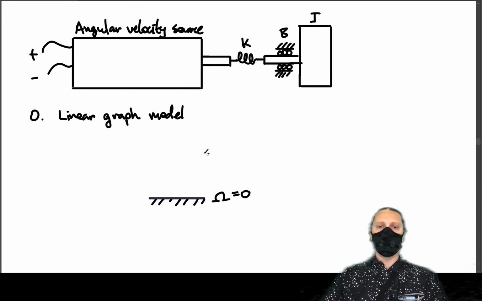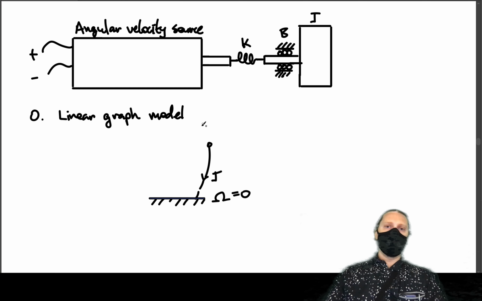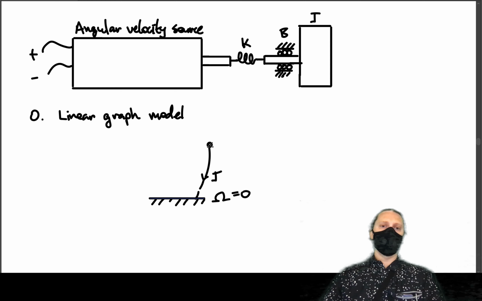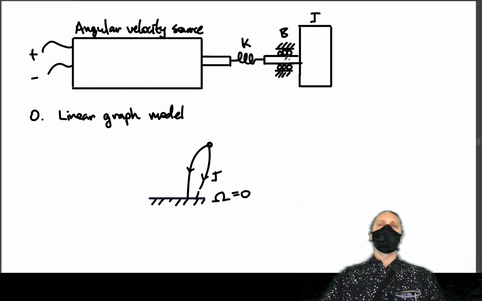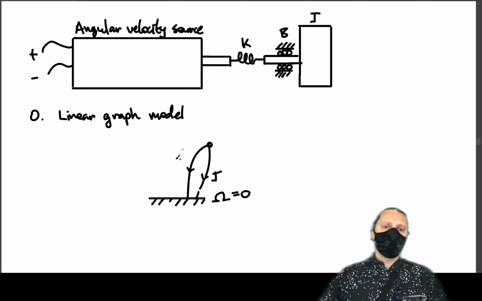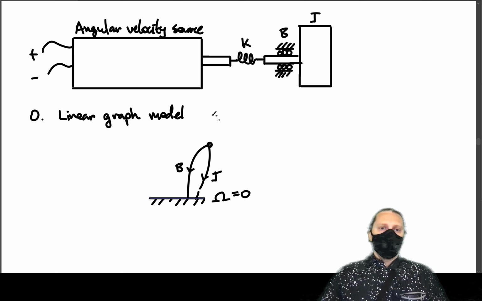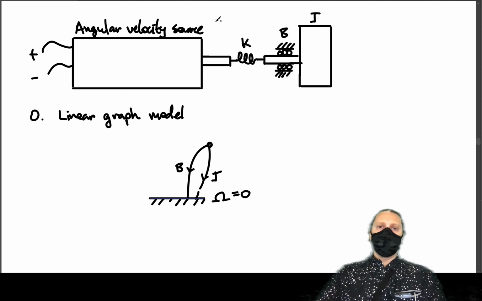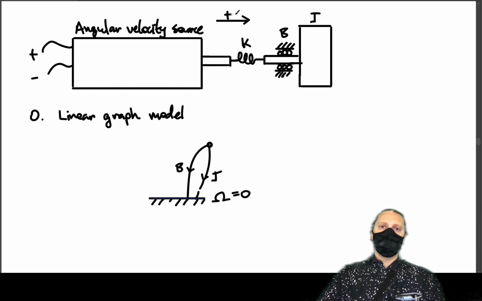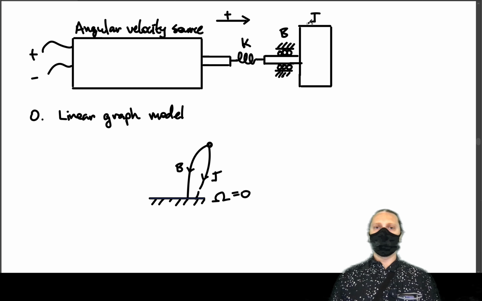We have a J node, an inertia node, J. And that same angular velocity that the J node has is shared by the B node as well, which also connects to ground because it's a bearing damping, so B. We should probably draw in a positive direction here for our torque, which we'll use the right-hand rule for.